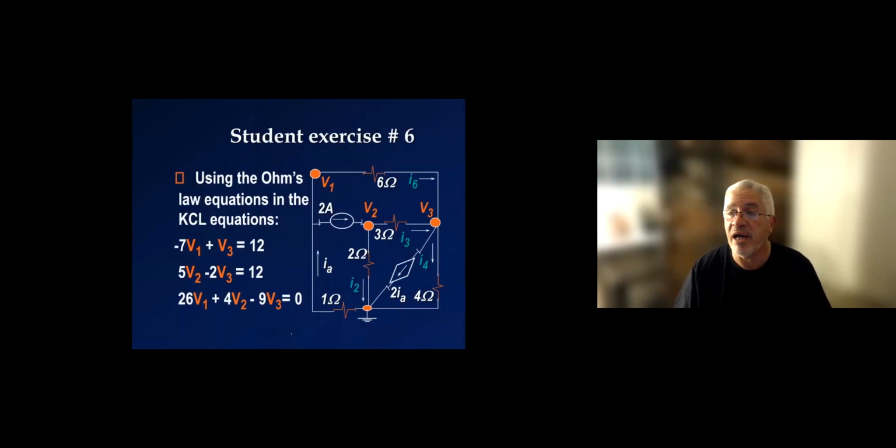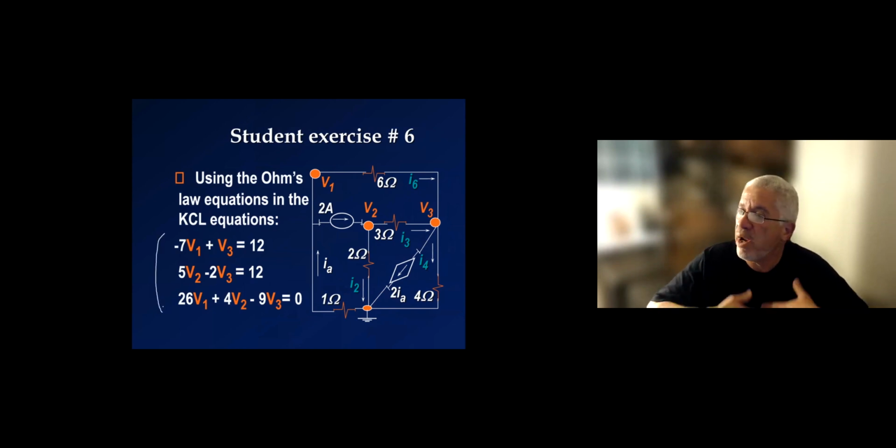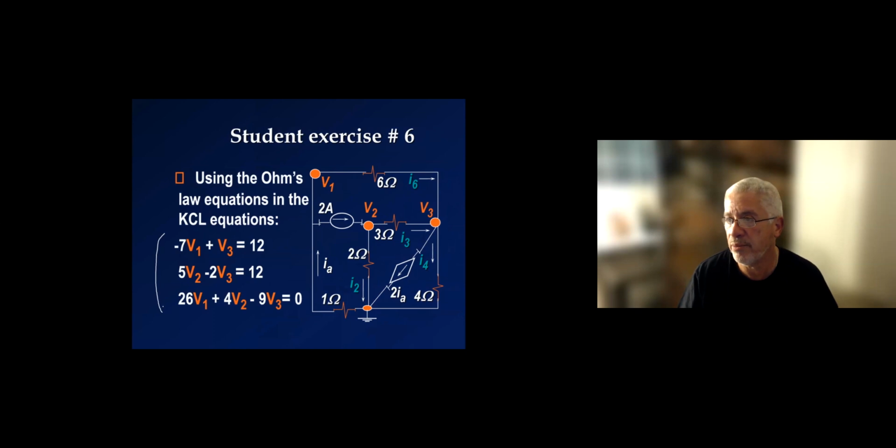When you do this, after a little bit of mathematical manipulation, you're going to get something like that, three equations for three unknowns. This is where I expect you to go into your calculator. I don't expect you to solve this manually. If you get these equations correctly in a quiz or an exam question, you will get 75 to 80% of the score. I'm going to grade you on the process, not on the final answer.